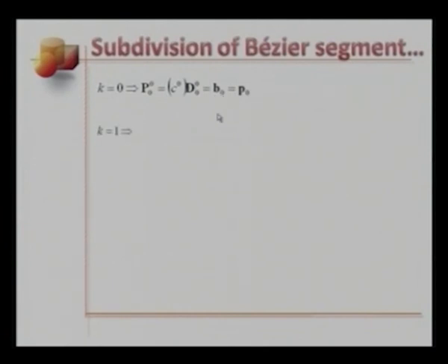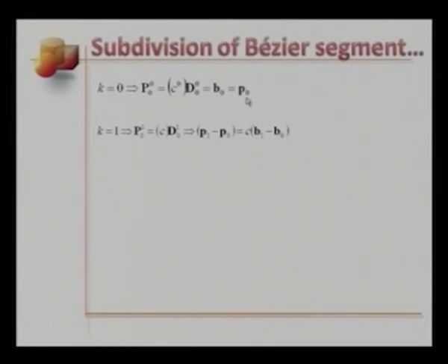For k is equal to 1, p sub 0 super 1 is equal to c raised to 1, which is c, times d sub 0 super 1, which implies that small p1 minus small p0, the difference between the first two new control points, is equal to c times the difference between the first two old control points.